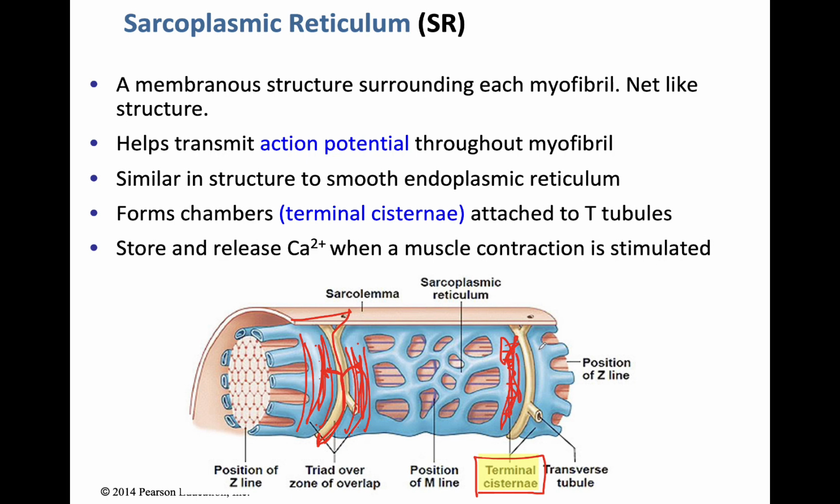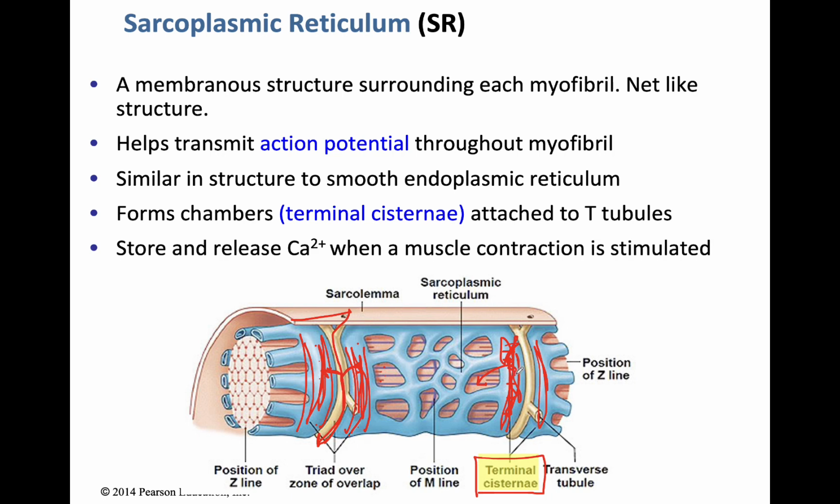It gets the calcium that's stored in here to be released out of the terminal cisternae and go into the actual sarcomere that's underneath. Do you notice that there's actin and myosin under here? That is underneath all of this blue net-like structure.